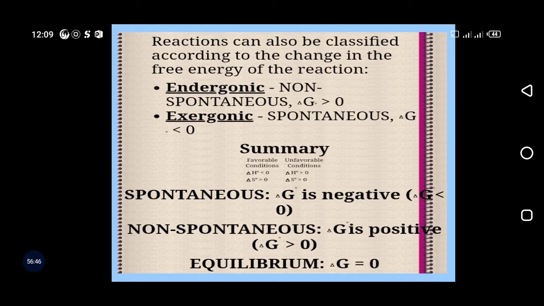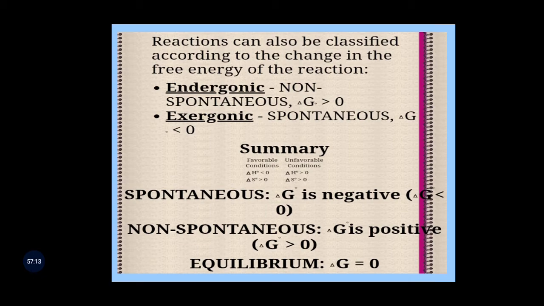Another thing you need to take note of is that reactions can be classified according to the change in free energy of the reaction. That is, we can use free energy to know if a reaction will be spontaneous. If a reaction is spontaneous, that means the reaction is exergonic. But if the reaction is non-spontaneous, then the reaction is endergonic.